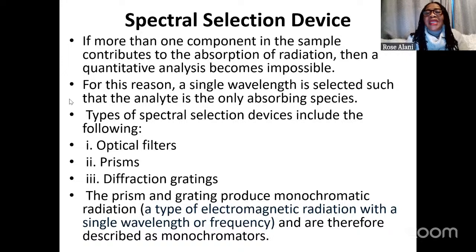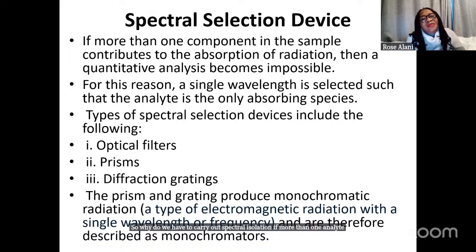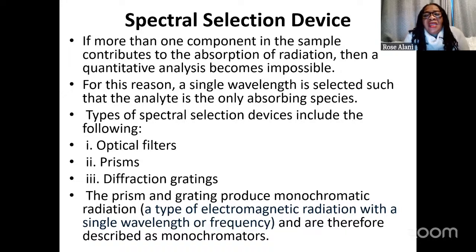Now, the spectral selection device. So why do we have to carry out spectral selection? If more than one analyte is absorbing light in that system, then it will be very difficult to carry out the analysis.